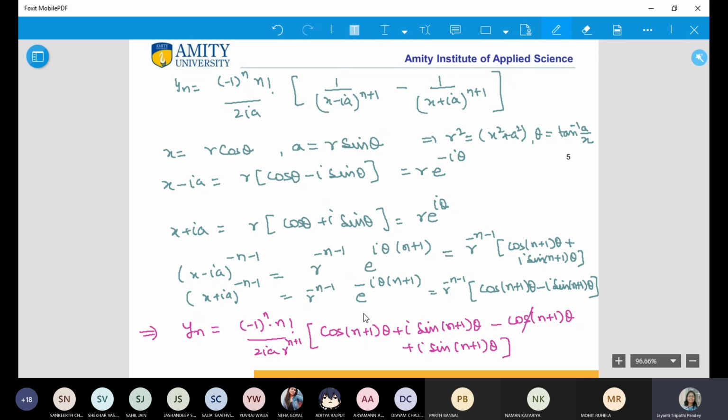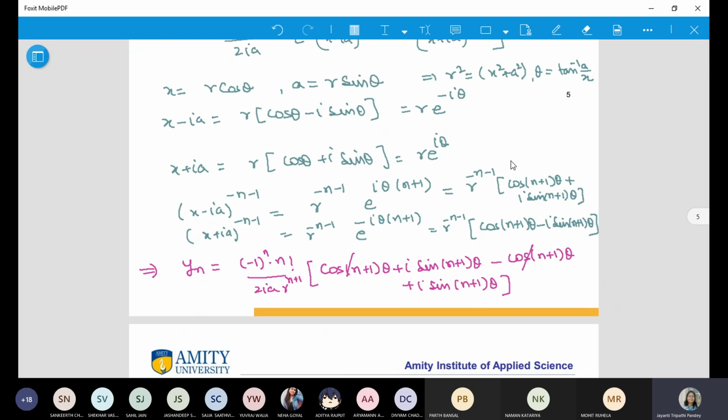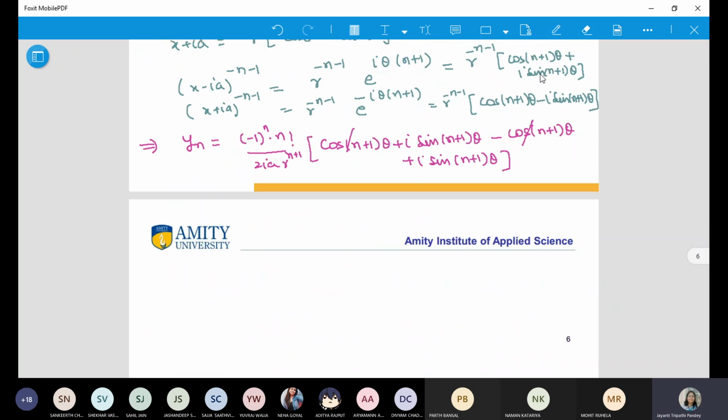So cos and cos will be cancelled and we will be getting yn is equal to minus 1 to the power n factorial n to i.